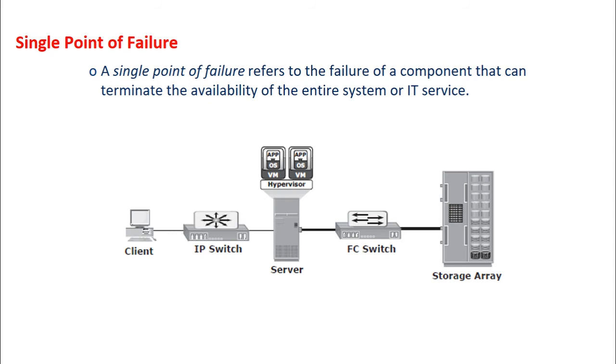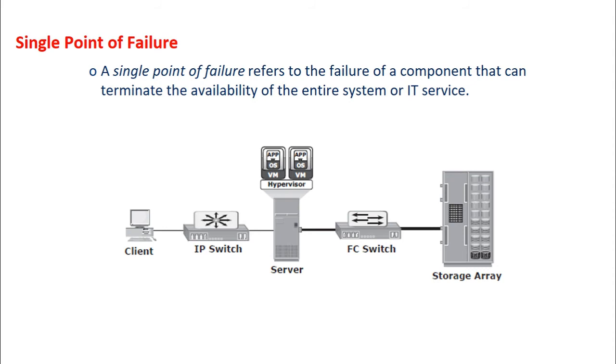As shown in this diagram on the screen, it depicts a system setup in which an application running on the virtual machine, that is the VM, provides an interface to the client and performs the input-output operations. The client is connected to the server through the IP network. As we can see, we have the IP switch here, and the server is connected to the storage array using the FC switch or the fiber channel connection.